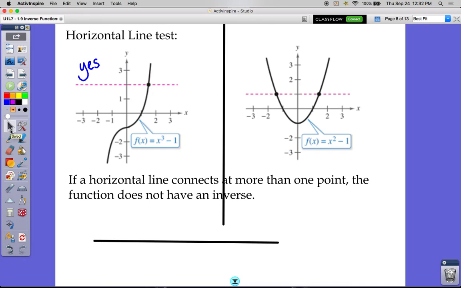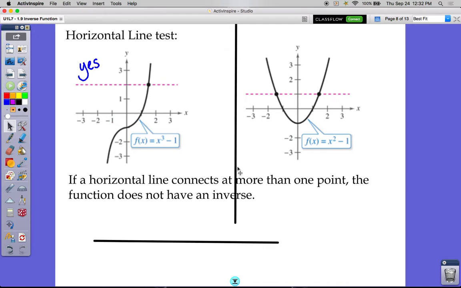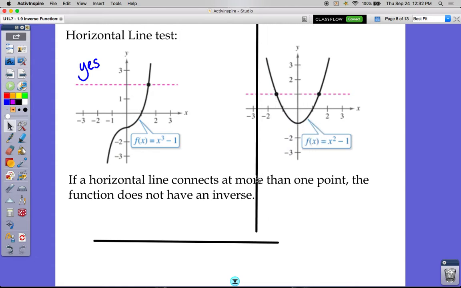This next one, f of x is equal to x squared minus 1, it's a function based on just the notation to begin with. They're telling you that, but we can verify it because it passes the vertical line test. But the problem that we run into is not the fact that it passes the vertical line test or not.